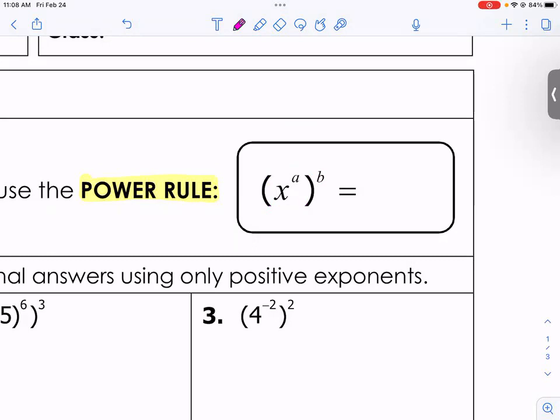What do you say? You got it. We are going to multiply our exponents when we have a power to a power. Isn't that crazy? I know you feel it.